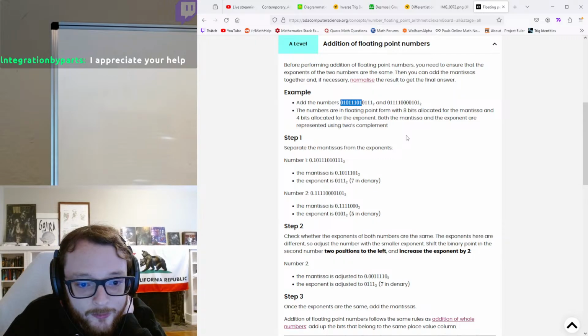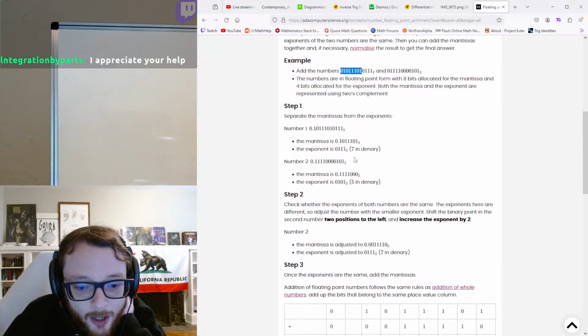No worries, integration by parts. Oh, am I wrong? This side is not doing what I did.